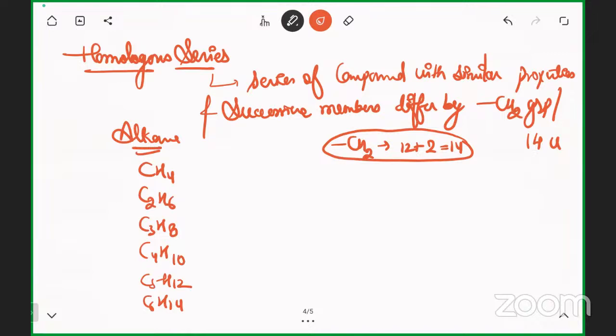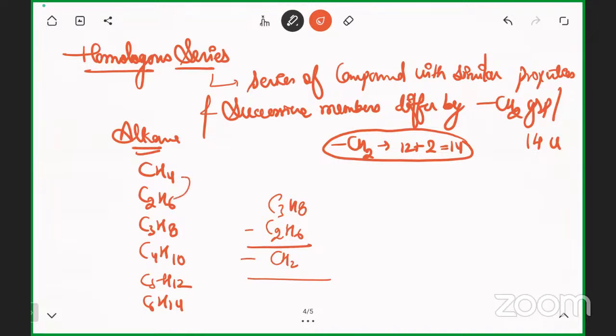I told you in the last class how you have to name the formula of every member in this family. So in this particular homologous series, if you subtract, for example, C3H8 minus C2H6, it will be equal to CH2 only.